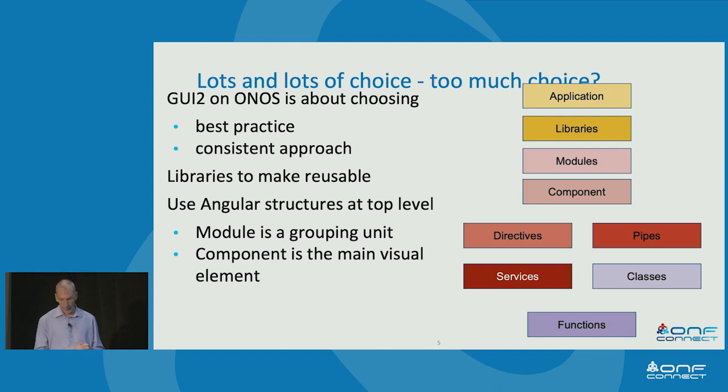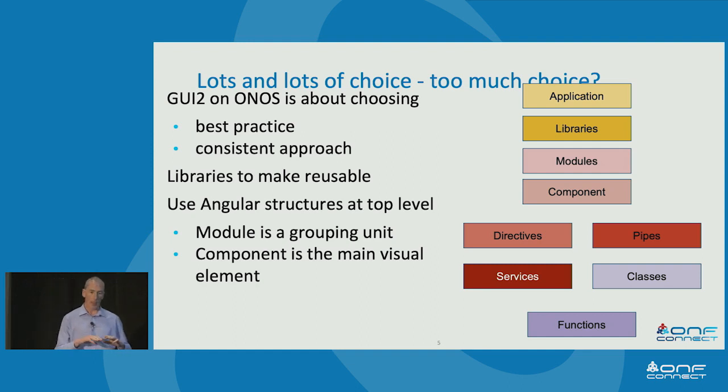Then there are these salmon-colored pink components, which are all part of Angular. Angular's top-level grouping is called a module. Beneath it is the component, which is the display element. You have directives, which are optional modifiers on the component. You have a pipe, which is something for formatting output. For instance, if you had a date variable, you just use the pipe symbol and pipe it to the date pipe, and then you specify your format specifier.